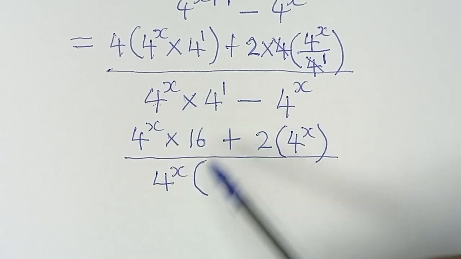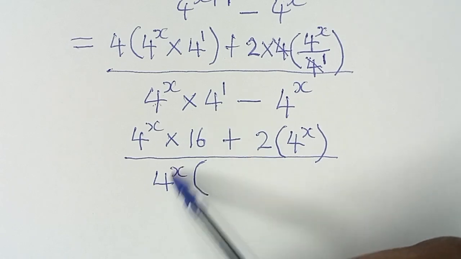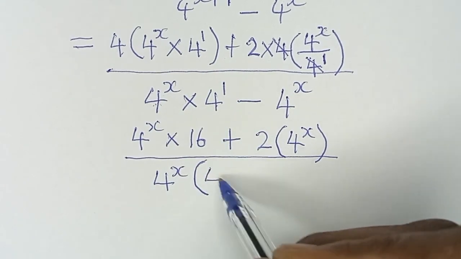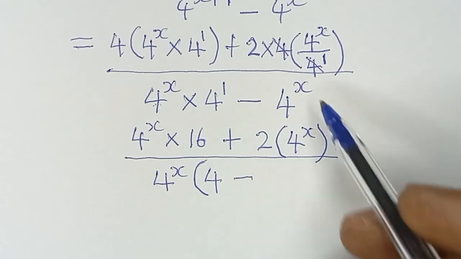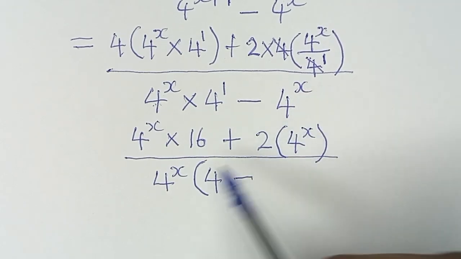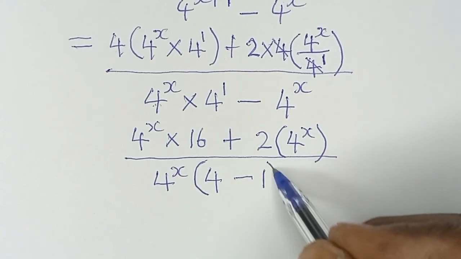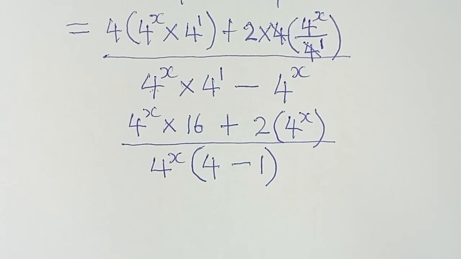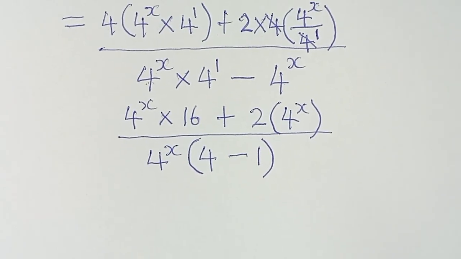So when this divides 4 raised to the power x, I'll be left with 4 raised to the power 1, which is the same thing as 4. Then minus 4 raised to the power x divided by 4 raised to the power x will give me 1. So that is that.